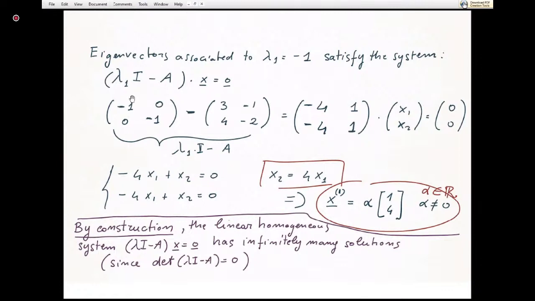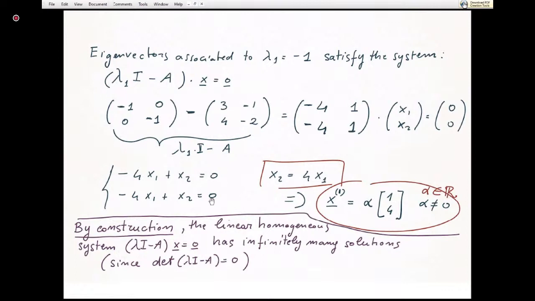Lambda 1 identity is basically our identity matrix in which we have replaced the main diagonal with the first eigenvalue, lambda 1. Minus A was this one. We compute our matrix, lambda identity minus A, multiply this by the vector, and impose that the result is 0. We can write this explicitly. It becomes minus 4x1 plus x2 equal to 0, and again, minus 4x1 plus x2 equal to 0.